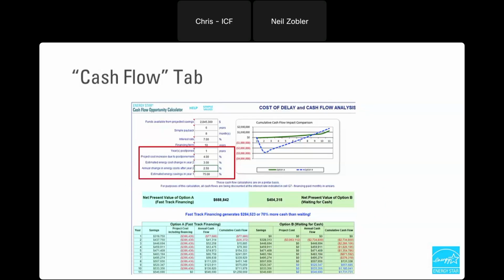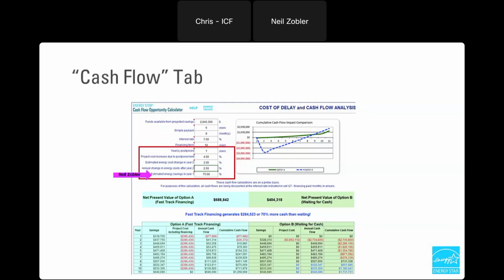So what are we adding in order to make that work? How many years are we going to postpone the decision? Is the project cost going to go up or down if we delay it? What's the estimated savings cost going to be in year 2 and years beyond? And how much can we save in year 1? This is assuming that the energy savings have to be more than sufficient to cover the entire project cost.